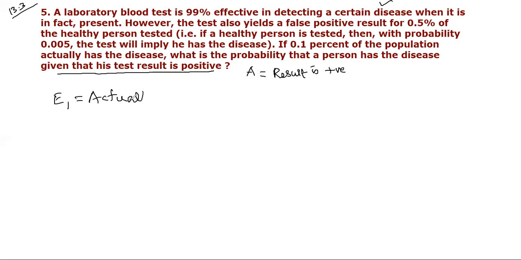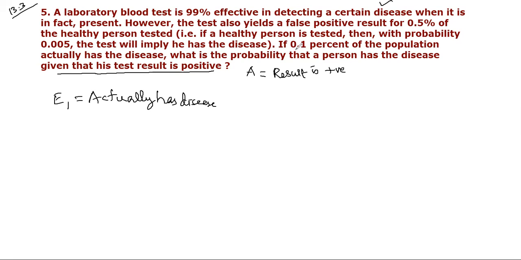Now see, the test yields a false positive result for 0.5% of healthy persons tested, and 0.1% of the population has the disease.